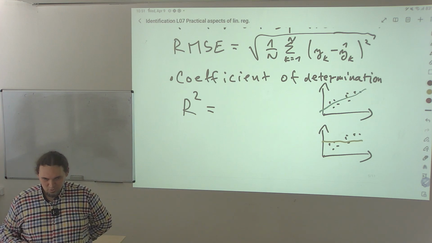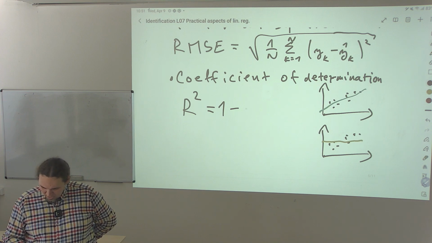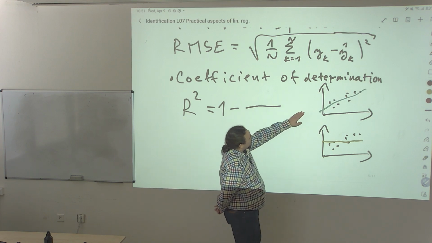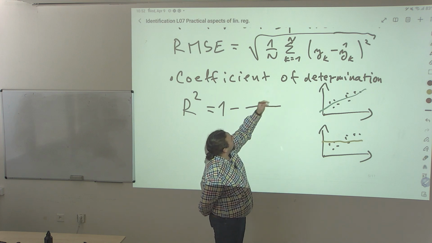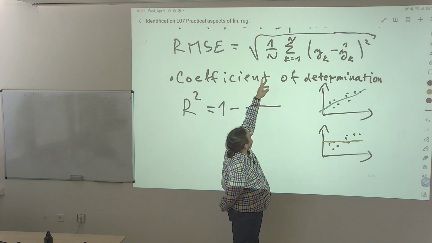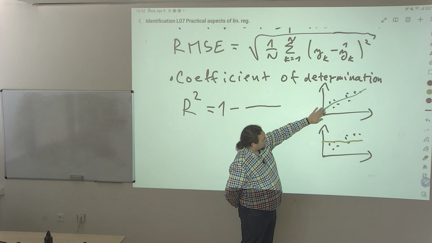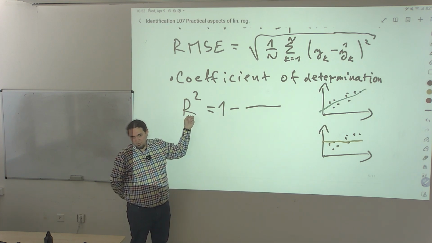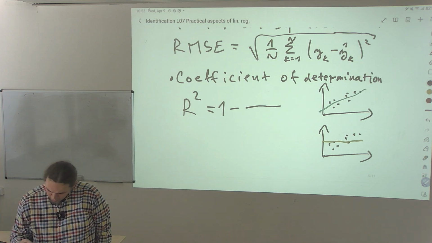How to put it in some formula? Well, there is a 1 minus, and now what should happen? Let's take for example RMSE, or maybe we can just take the sum of squares. That's completely enough, because the rest of the terms would cancel out. If this one is small and this one is large, small over large, we are getting close to 1, and this is exactly how it works.